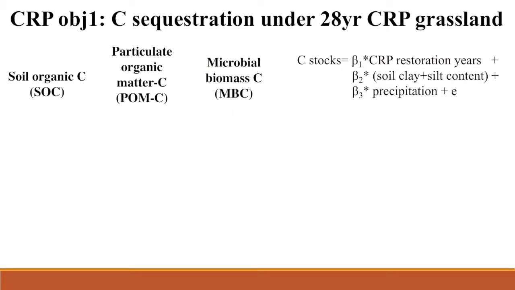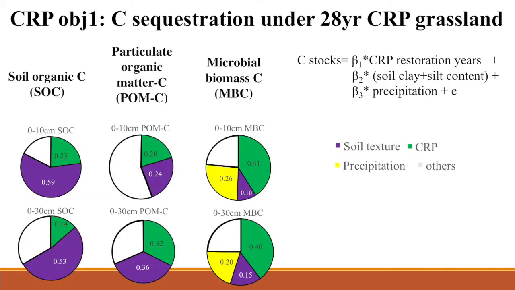One of the topics of my doctoral research was to look at carbon sequestration in the long-term CRP program. We looked at carbon sequestration from 3 carbon pools: the more stable carbon pool, soil organic carbon, and the more active labile carbon pools with particulate organic matter, hot water carbon, and microbial biomass carbon.